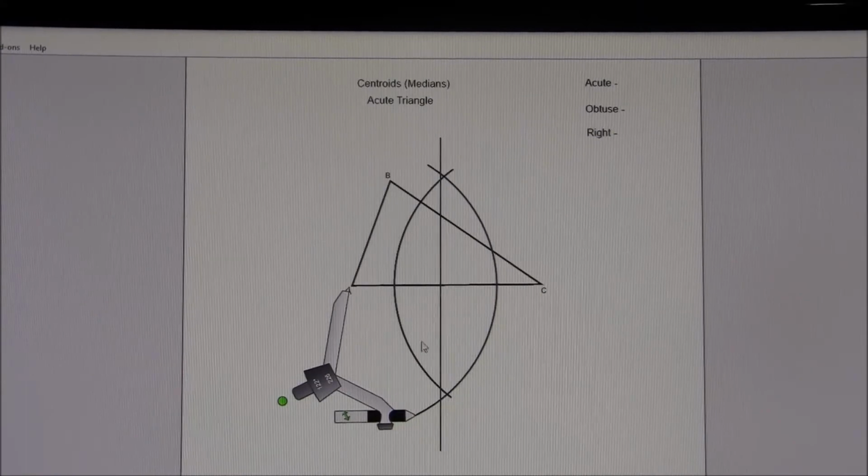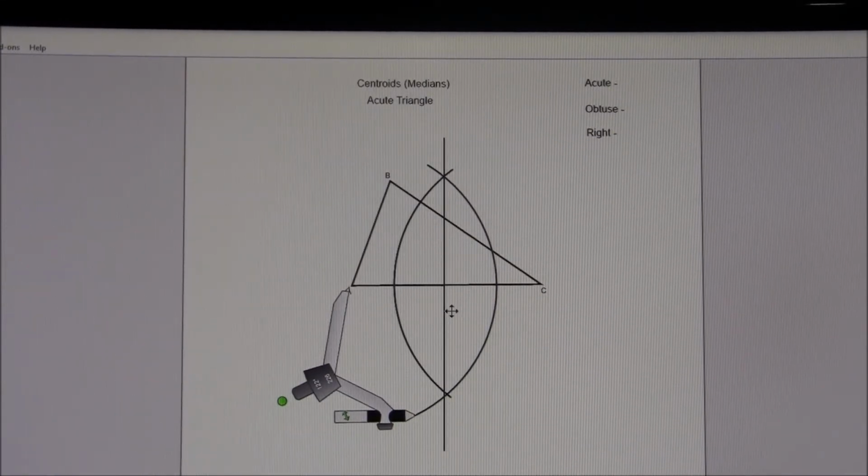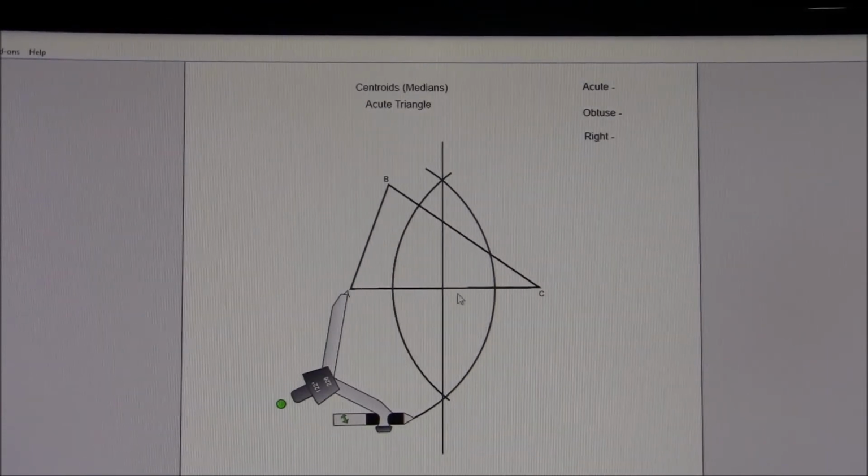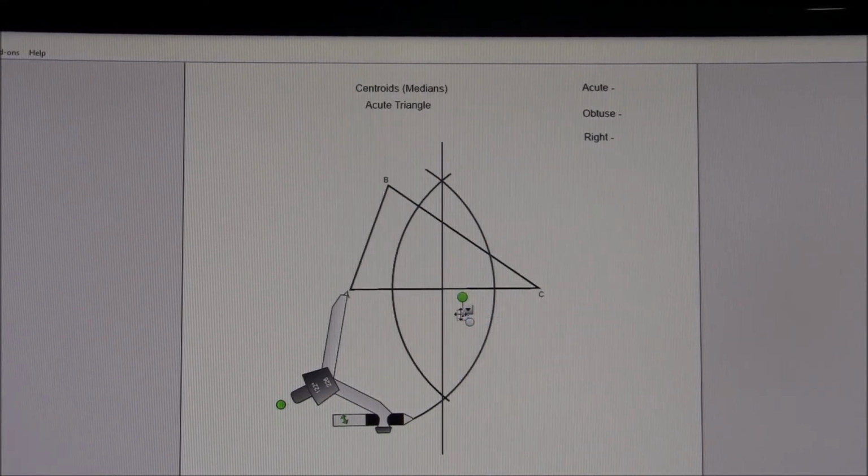Alright. Yes, this is the perpendicular bisector. This is point D. Oh, you know what? Hold on. Let me paste that point. So this is point D. Okay.